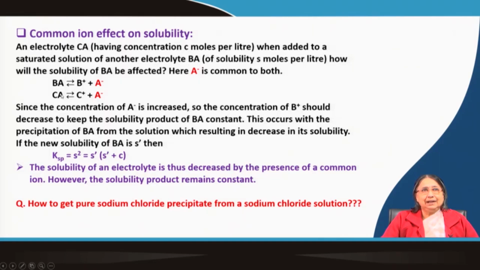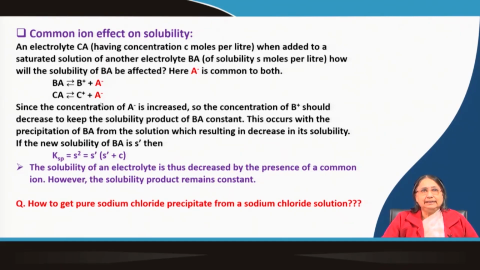What is the interesting feature here? In BA and CA both, A minus is common. So, in the BA solution, where the solubility is S moles per liter, we are adding another electrolyte, CA, and A minus is common. Then what will happen?